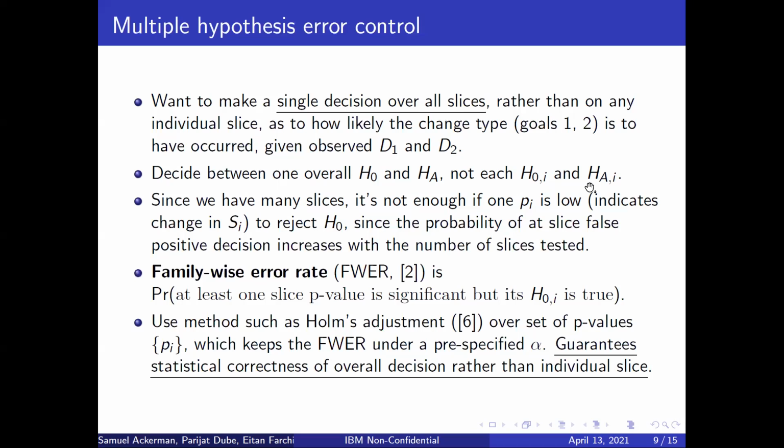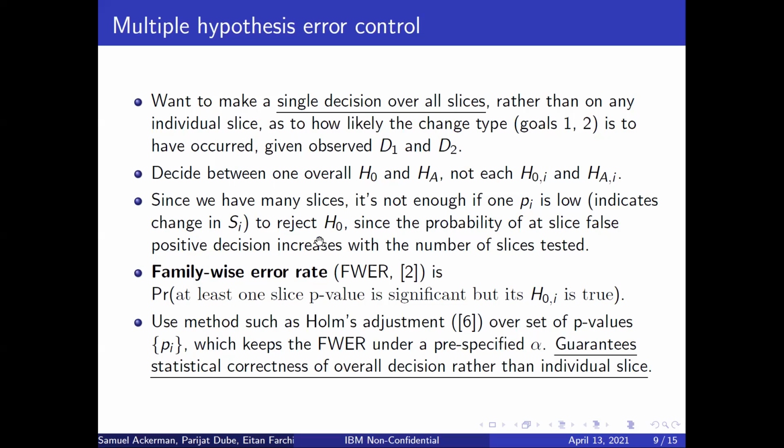Because of this area of work called multiple hypothesis testing, it's not enough if just one of the p-values is judged to be significant, or basically one of the slices changed significantly, to say that the data set overall changed, because the probability of making a false decision overall increases with the number of slices or hypotheses that you're testing.